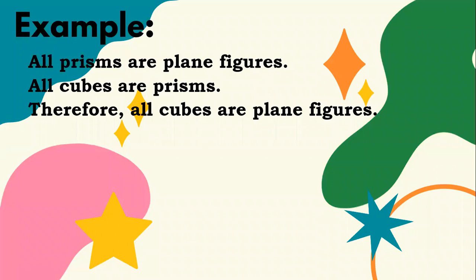Okay? So saan tayo pwedeng magsimula? Siyempre, lagi tayong magsisimula dun sa conclusion. Okay? Sa conclusion natin, kung i-illustrate natin using the Euler's diagram, so sabi ay all cubes, so let us use C for cube, F for plane figures and P for prism.